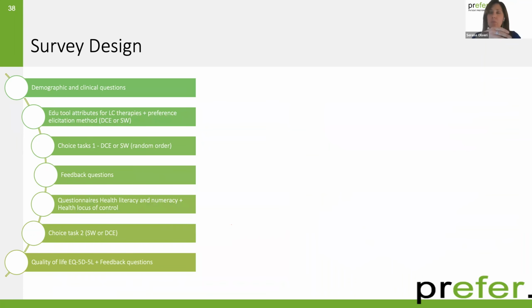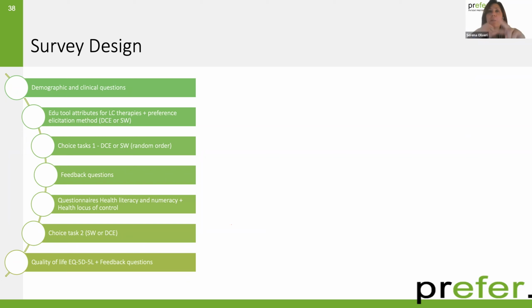Here I would like to introduce the structure of our survey. We started with some demographic and clinical questions, of course, to know the overall current situation of patients, followed by the educational tool introducing the attributes and one educational tool describing how to perform the first choice task. Then followed one of the two choice tasks.